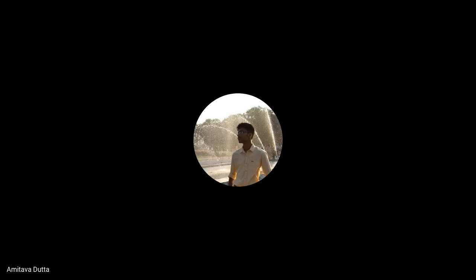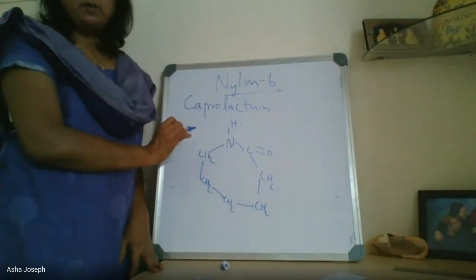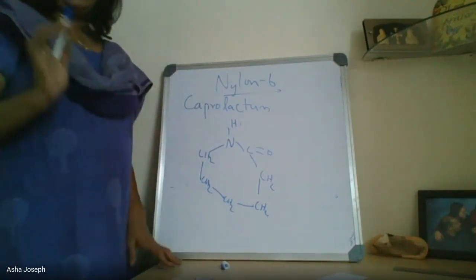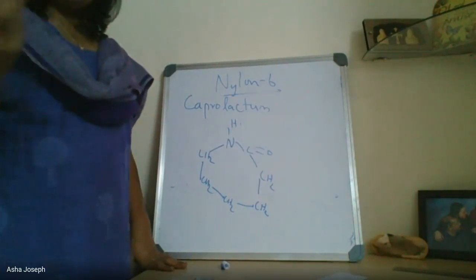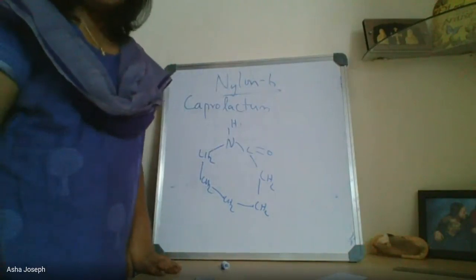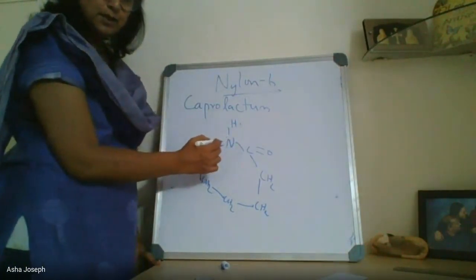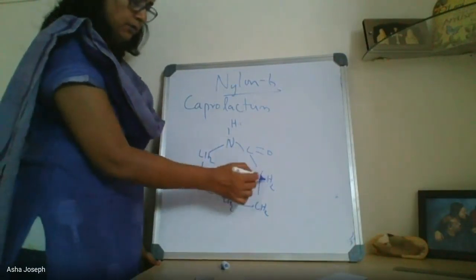Nice, ma'am. Okay. So caprolactam, all of you look here, you are going to learn. Caprolactam is the monomer. I said there will be five CH2 groups and the sixth one is a CO. So six carbon atoms, that is why the name comes as nylon 6. So you write NH and count and put five CH2: 1, 2, 3, 4, 5.